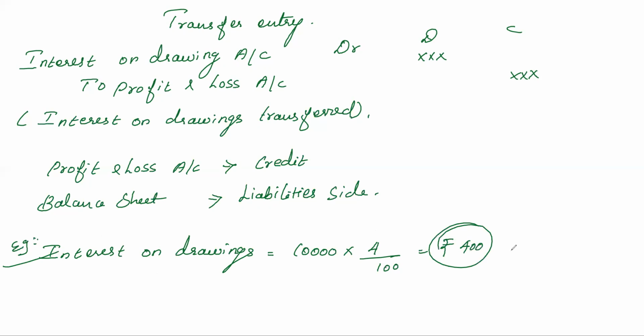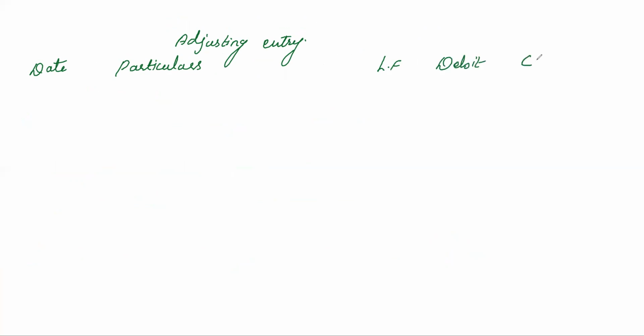This is the interest on drawings. Now the adjusting entry: date, particulars, LF, debit, credit.